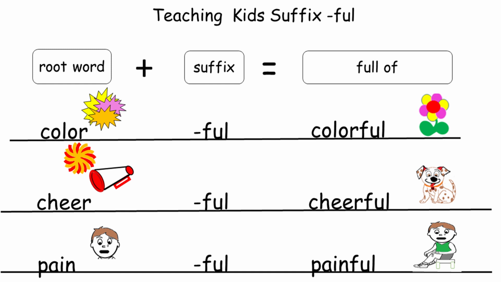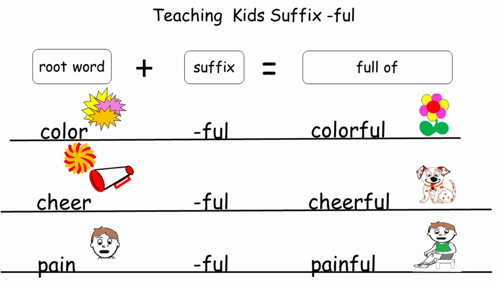Now it's time to introduce kids to the suffix ful, and it means full of. So our first example is the root word color, and then we're going to add the suffix ful, full of. So our flower is colorful, meaning that it is full of color.